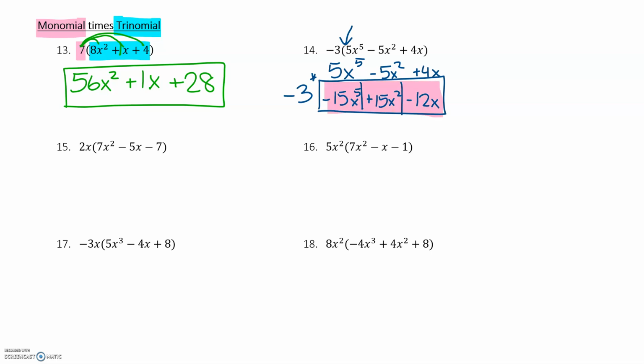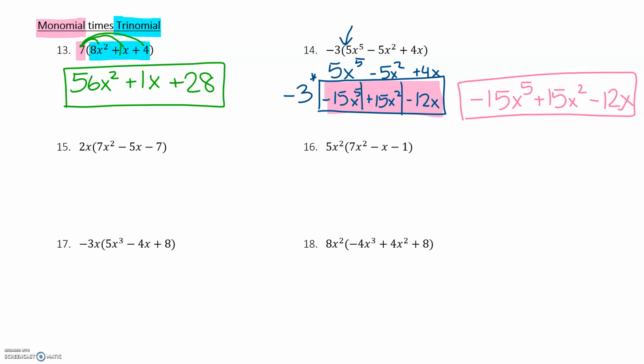Now I'm going to bring it outside the box just for some clarity. I don't typically use a box for problems as simple as a monomial times something else, but later on in the year, you might want to come back to this method and we'll revisit it again.